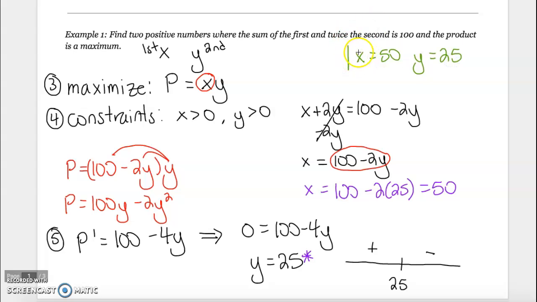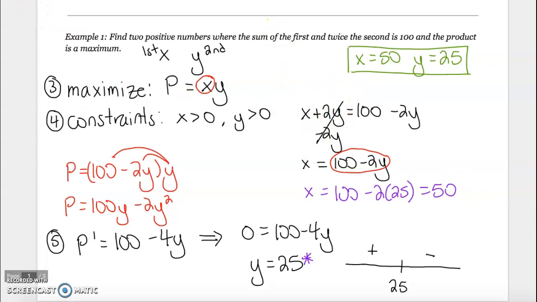These would be two positive numbers that meet my constraints but result in a maximum product. If you want to put this purple part right here, this was step 6. And then setting up our variables, that was step 1 and 2. There you go.